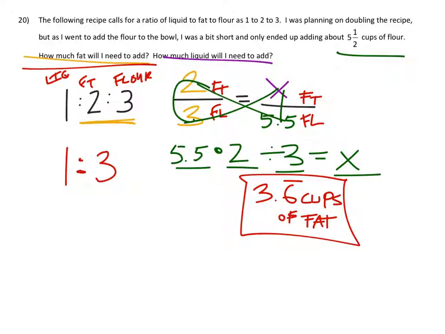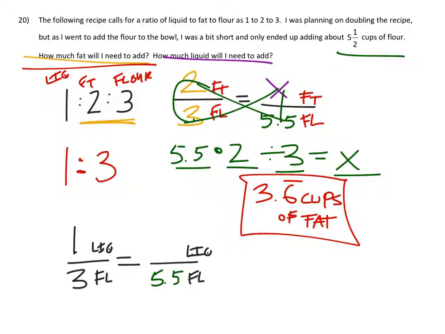So this means that in this new proportion, we'll just say liquid to flour. So this one also is liquid to flour. Well, 1 part's liquid for 3 parts of flour, and we know that we have 5.5 cups of flour. So we'll solve for x this way.